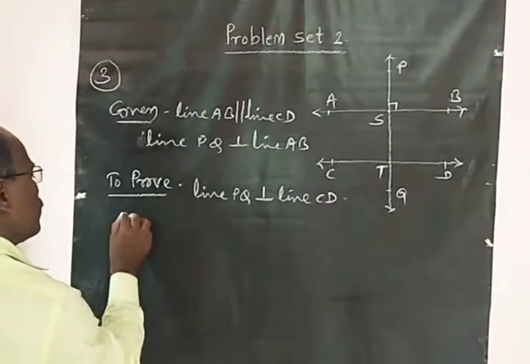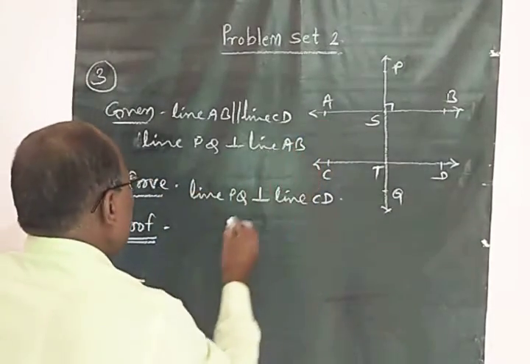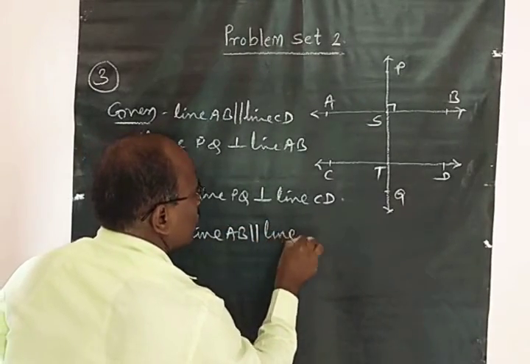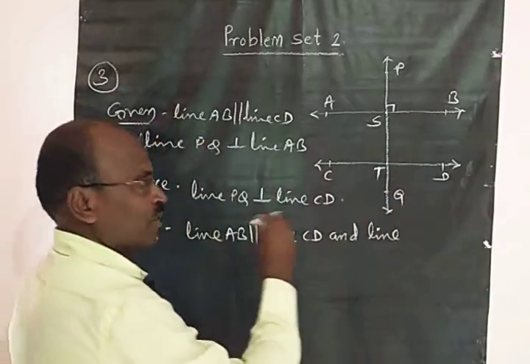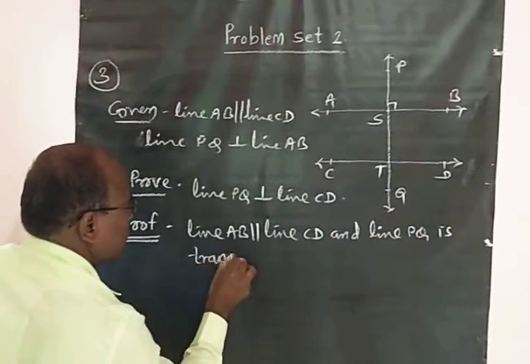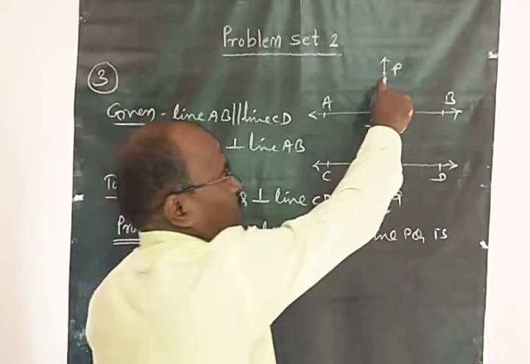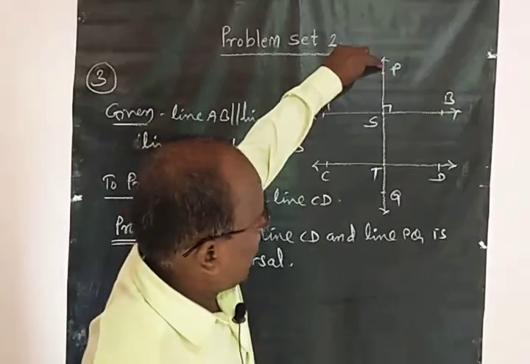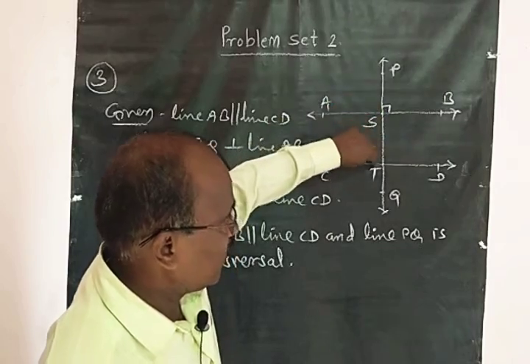Okay, now write the proof. Proof: here, line AB is parallel to line CD, and line PQ is transversal. Okay, this is a transversal. So the two angles which are corresponding, angle PSB is congruent to angle STD.